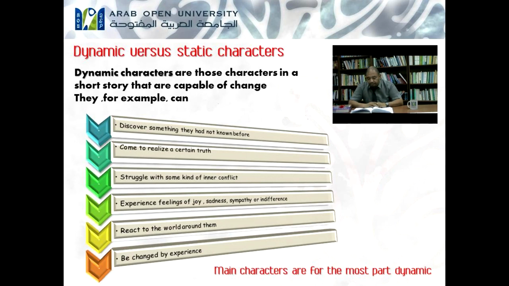Another thing about dynamic characters is that they react to the world around them. You can never have a character not reacting to the surroundings around him, and this applies again to A Letter from Gaza and the narrator, and how he reacts to his life, whether in Kuwait when he was a teacher over there and felt that he was like an oyster living in isolation.